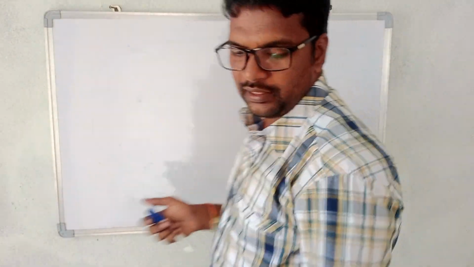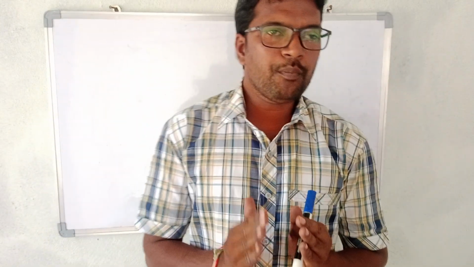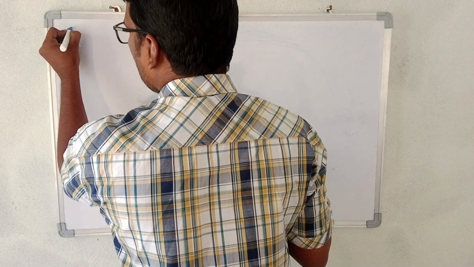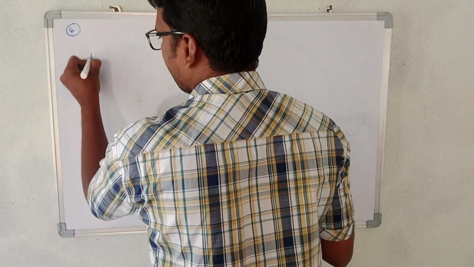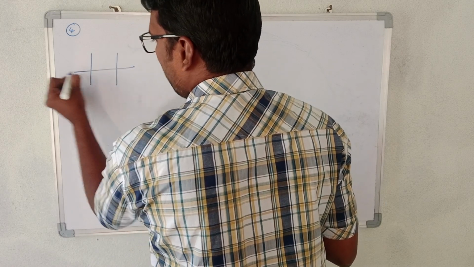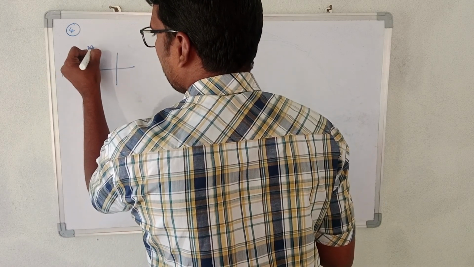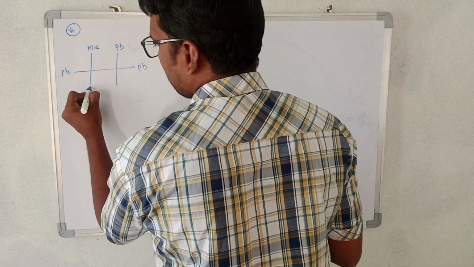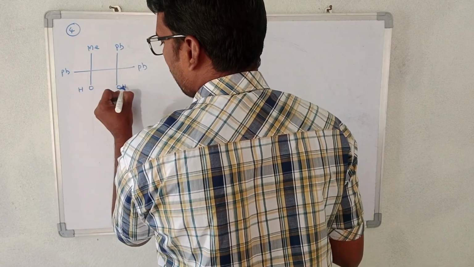Right. Now in these three examples, the 1,2-diol we took is symmetrical. Now in the fourth example I take it like this: Ph, Me, Ph, Ph, OH, OH.